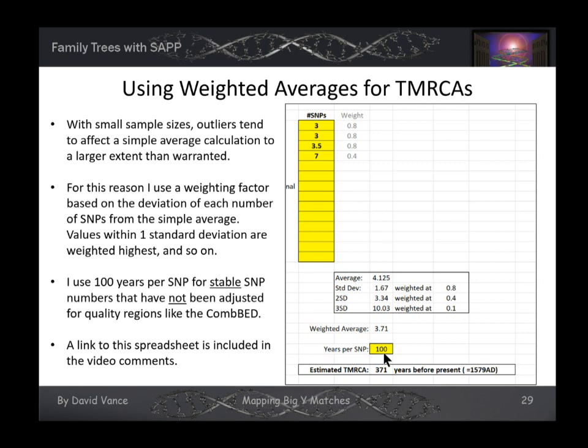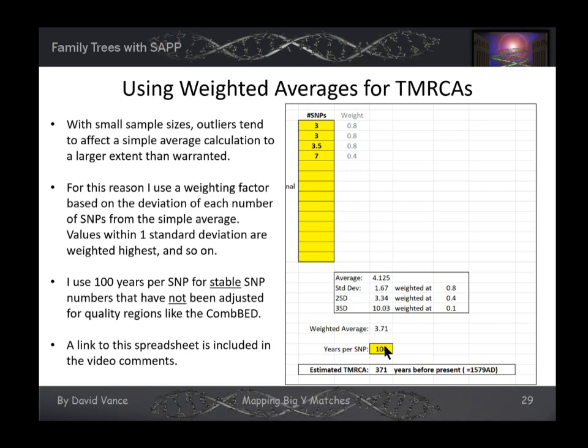But I use 100 because it's not narrowed down that far. I have more SNPs in my table typically than you would find if you just limited yourself to combed SNPs. If you're taking your SNPs from other sources, Alex Williamson's Big Tree or someplace else, you might want to use a different number. Also, sometimes project admins know that their individual projects, the subgroups, have evidence of either a greater or a lesser number of SNPs per generation or per year, so you can use whatever figure makes sense for you.